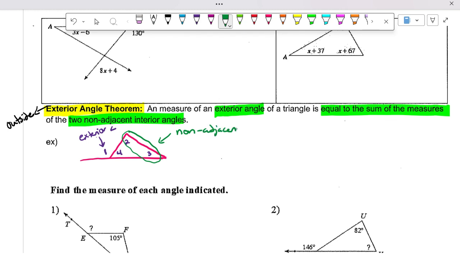They're not sharing a side with the exterior angle or a vertex. So all this theorem is saying is that if you take the measure of angle 2 and add it to the measure of angle 3, that'll equal the measure of angle 1. So if you take these two non-adjacent angles, add them together, that'll give you the measure of your exterior angle.